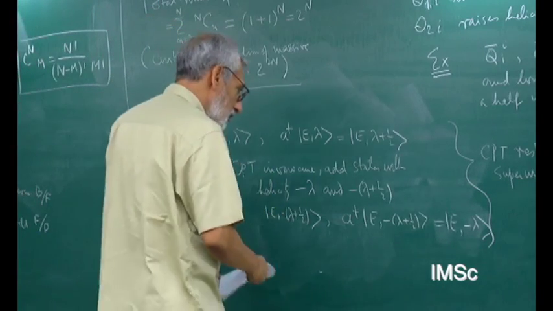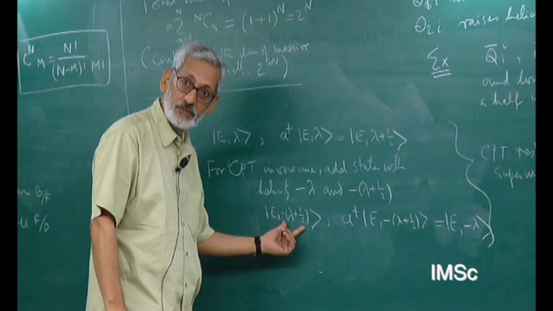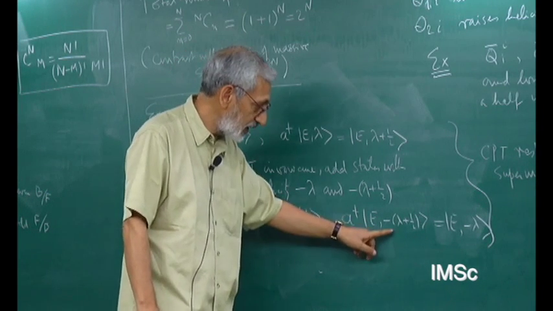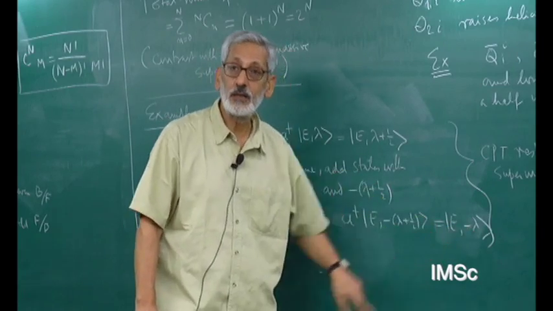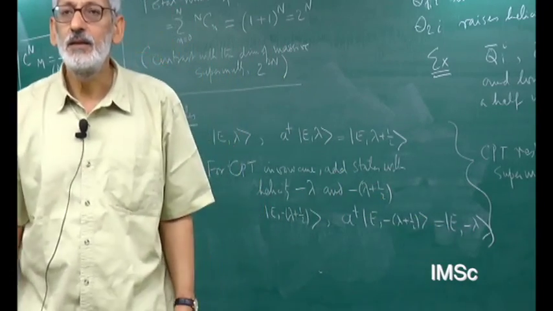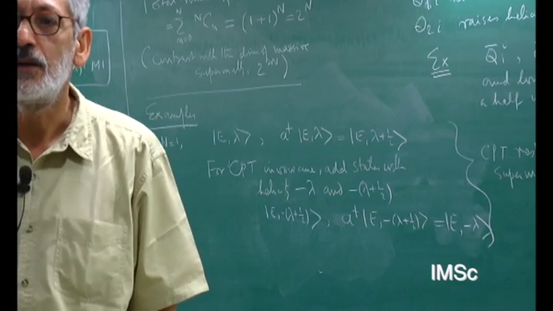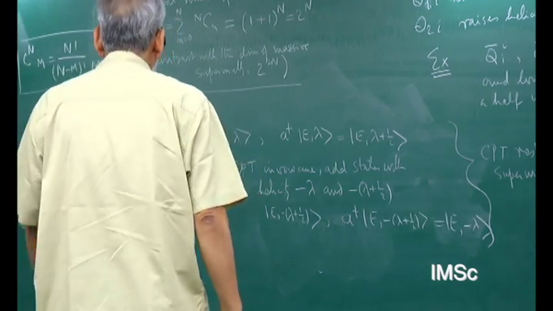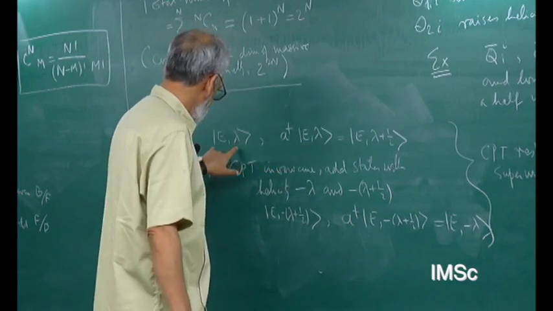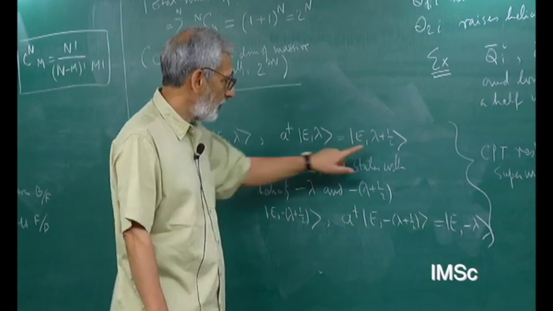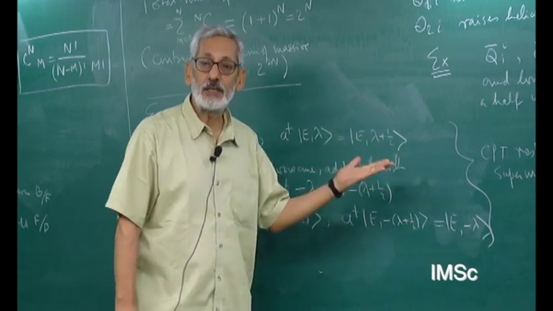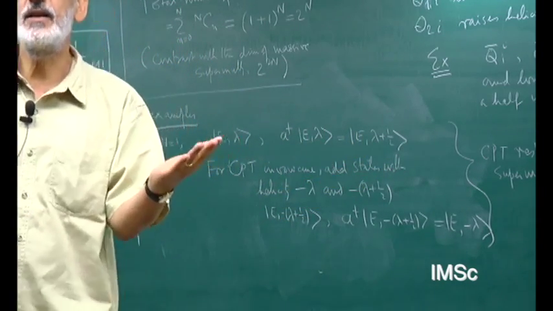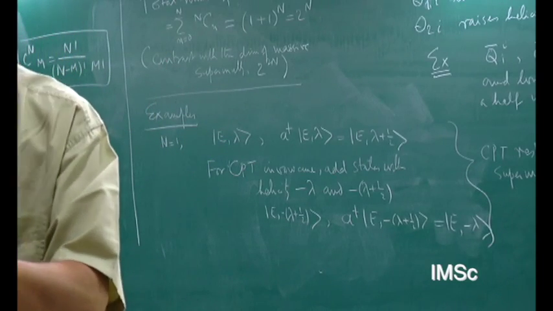The starting state is minus lambda, and A dagger increases it by a half unit. Now, what I want is that I constructed a multiplet which is made of helicity lambda and lambda plus half. And a CPT invariant theory would have, these are particles, they are antiparticles. Antiparticles will have helicity minus of that, right?